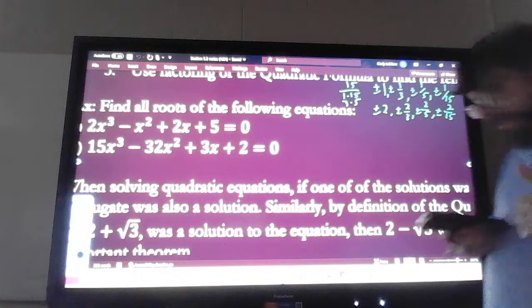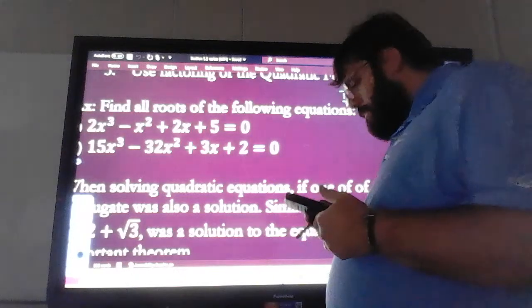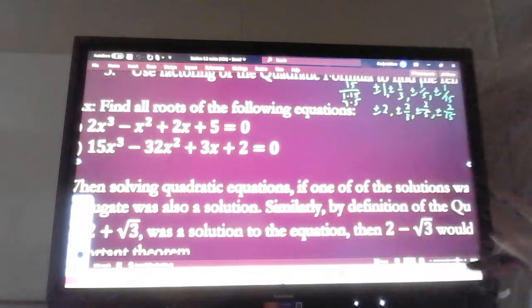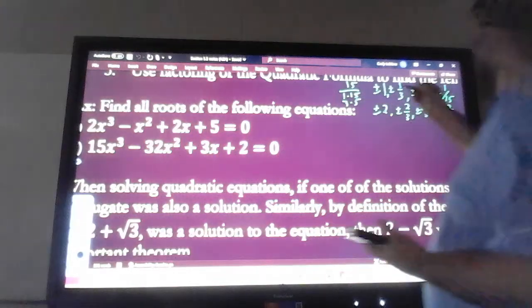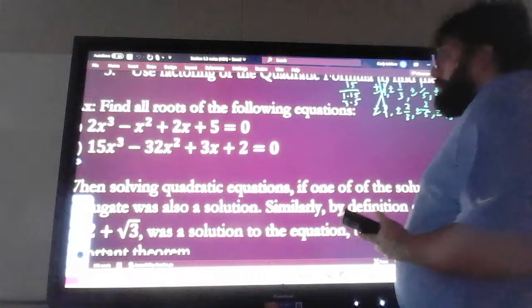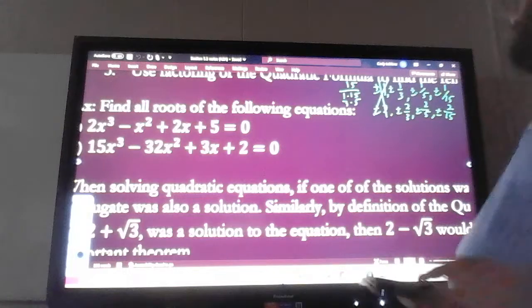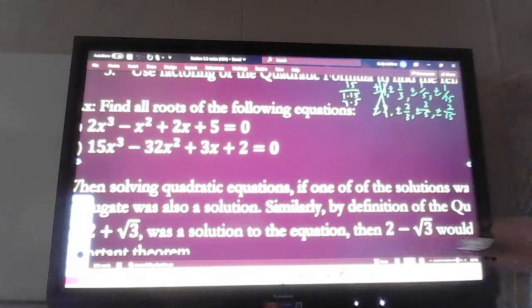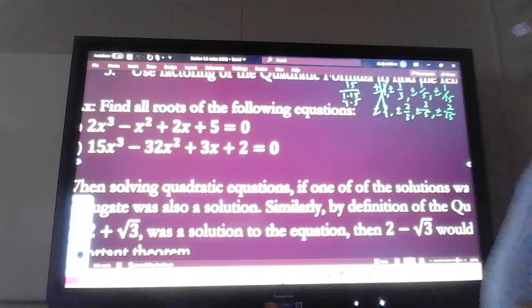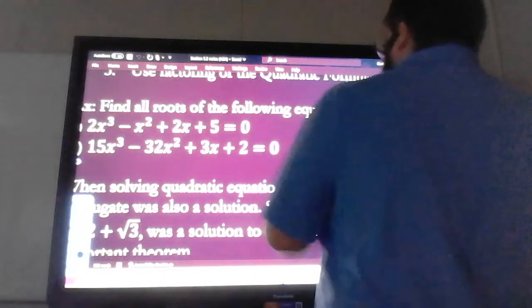Okay, so it doesn't look like any one of those numbers is a root. So now comes the tricky part. Now we are actually going to have to look at some of these fractions and determine if those values will make this equation equal to 0.